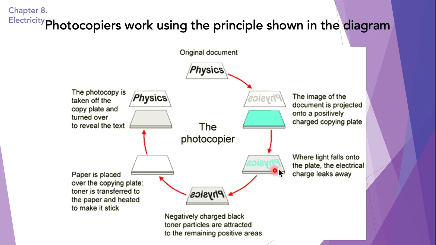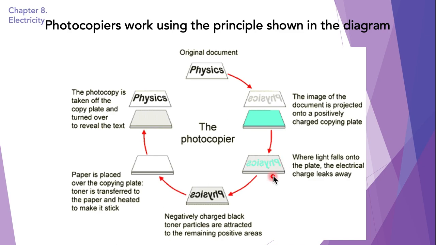So wherever the light is falling, not on the dark areas, which is basically the text in the original document, but on the white areas, that's where the light falls onto the plate. So wherever the light falls on the plate, the charge leaks away. Then the dark areas, which are the writing, are the only places where the charge is left.